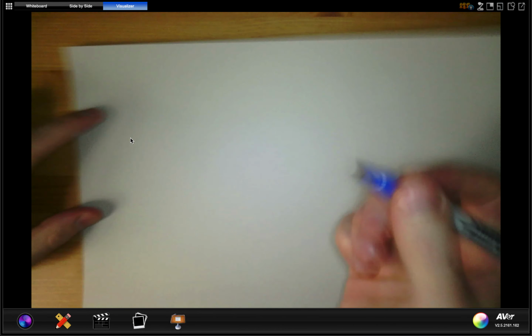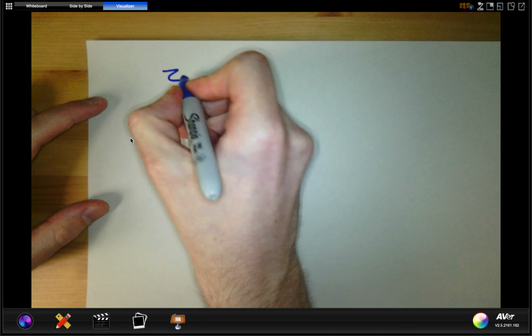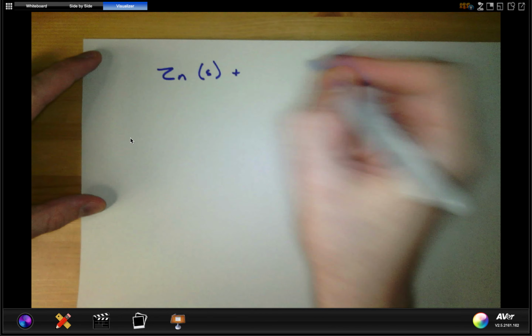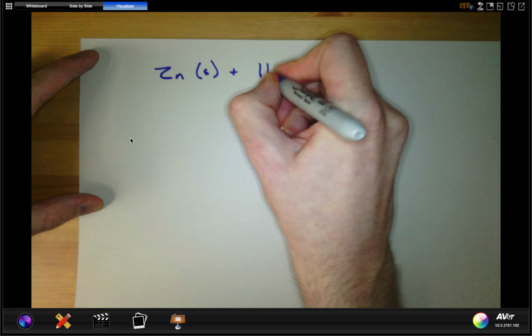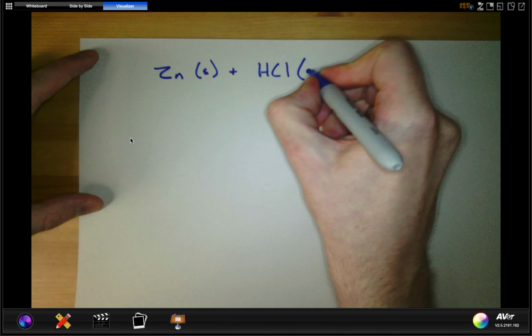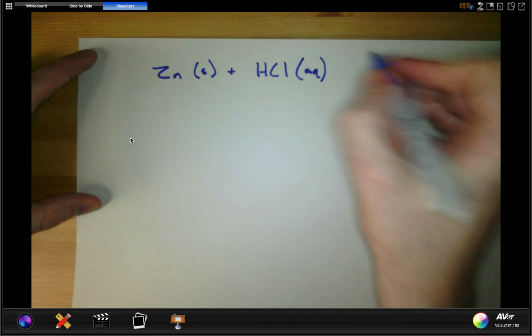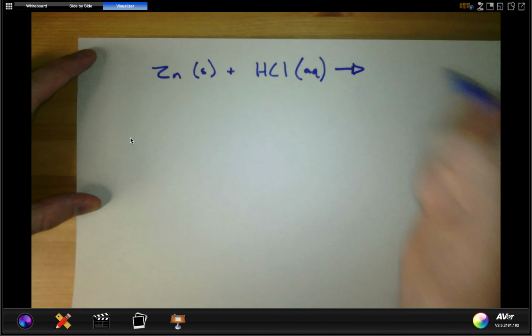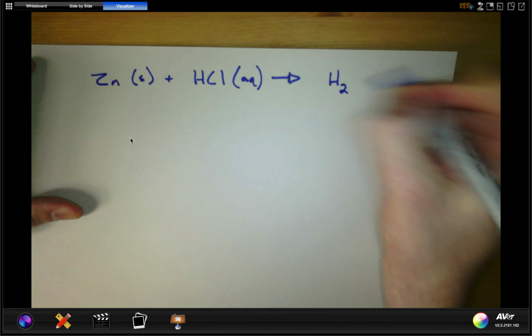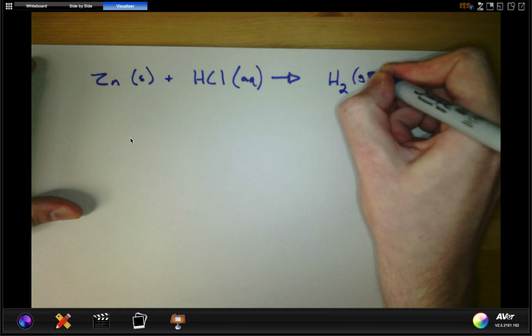We have zinc, that's solid zinc, plus HCl, that's our hydrochloric acid, aqueous, it's in water. Remember, what we're going to get here is hydrogen gas, which is H2, and that's a gas.